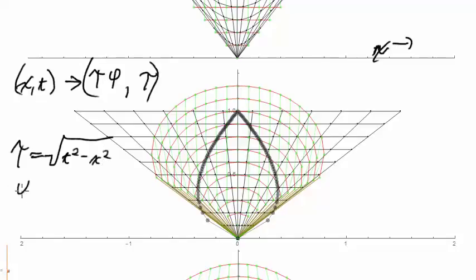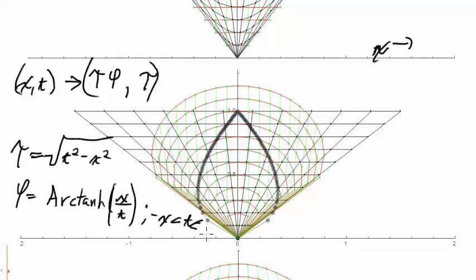and phi is the hyperbolic arctangent of x over t. And this only works in the domain where negative x is less than t is less than positive x. And that is basically the tips of those green lines.